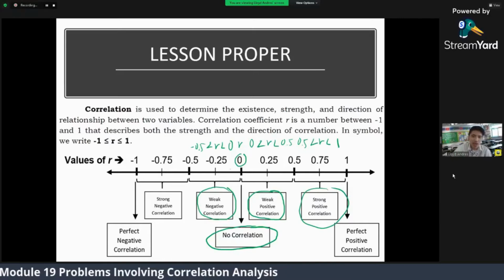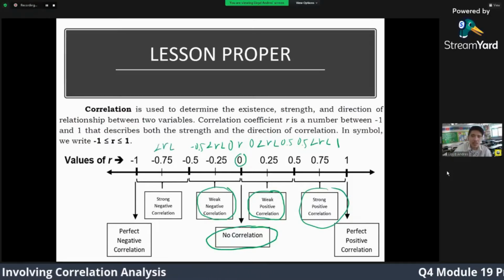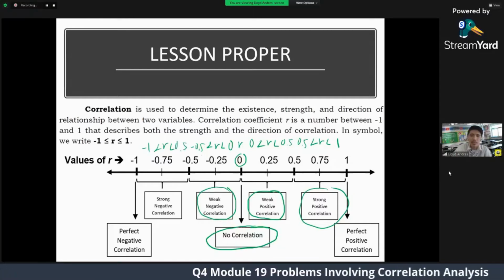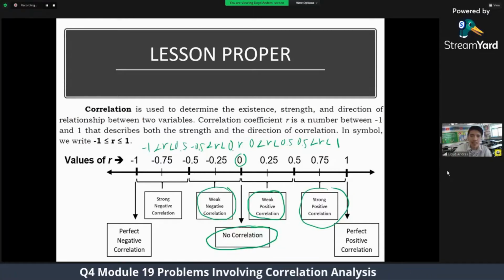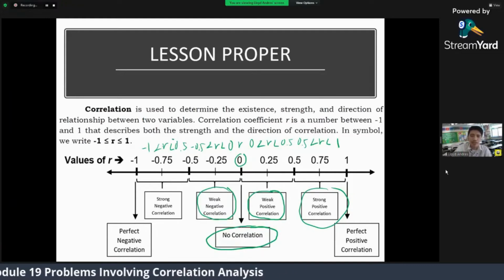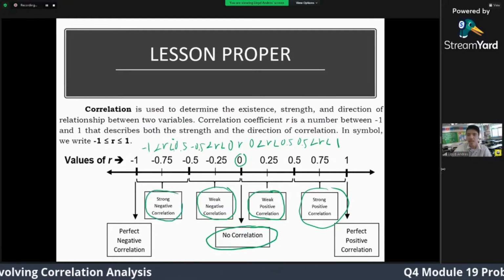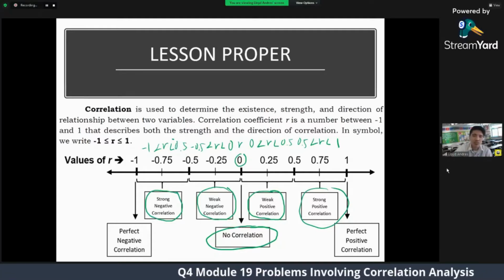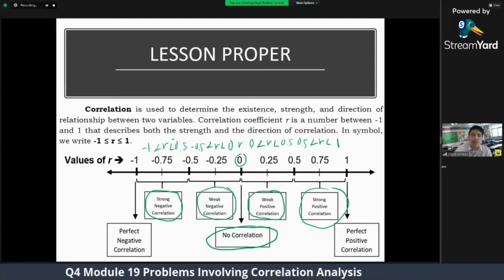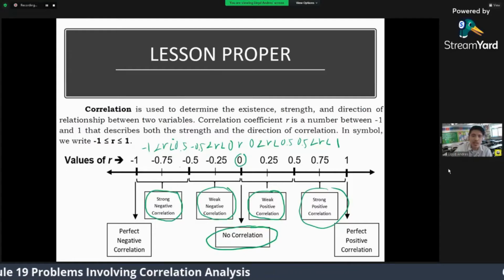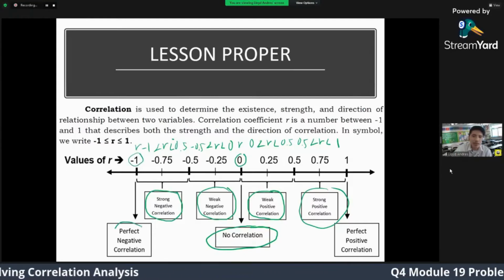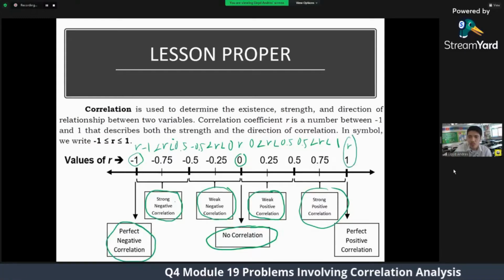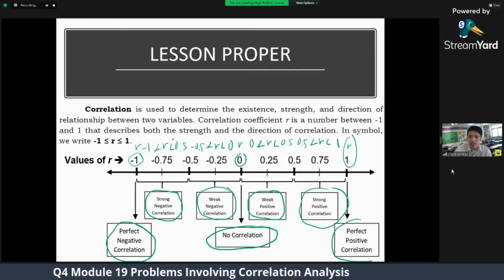Next, if your R is between -1 to -0.5, meaning greater than -1 but less than -0.5, then you have a strong but negative correlation. And by the way, if R is exactly -1, you have a perfect negative correlation. Kung positive 1, then you have a perfect positive correlation.